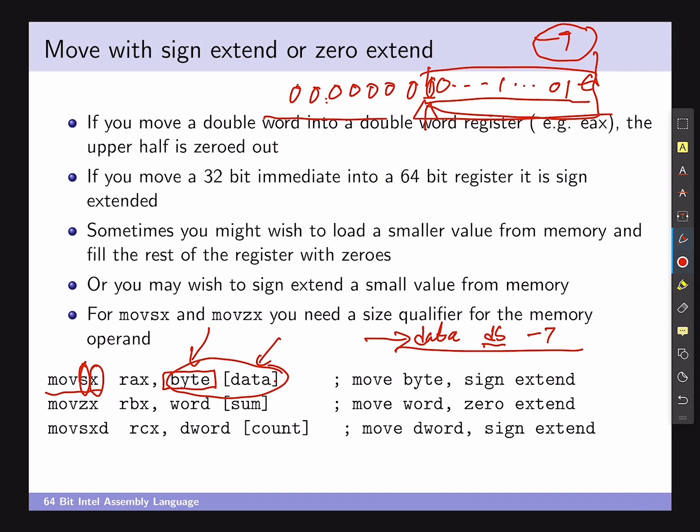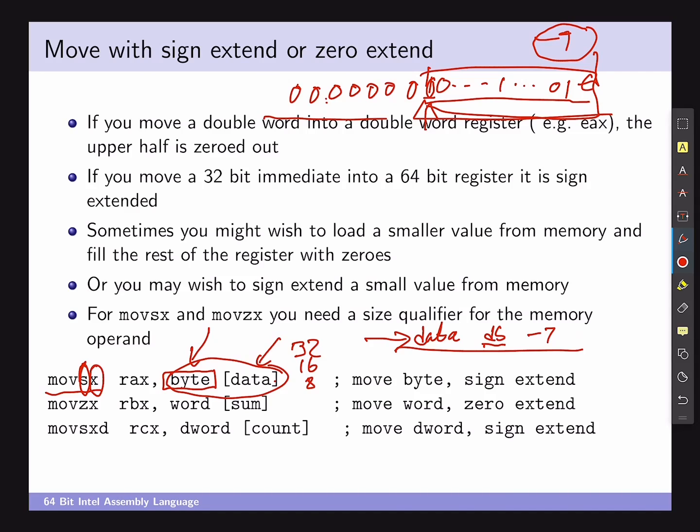Okay, great. Now, RAX is 64 bits, but I'm using sign extend, so that tells me it can't be 64 bits. So what's in data is 32 bits, 16 bits, or 8 bits. But how do I actually determine which of those it is? I can't. It's not possible for the assembler to figure that out, so I need to tell it that it's a byte.